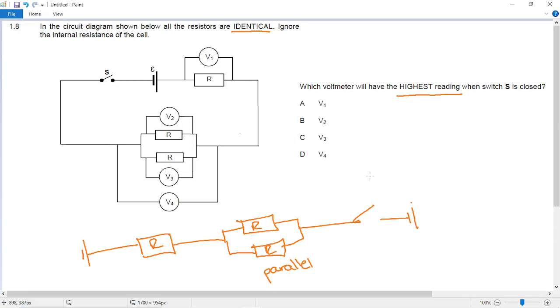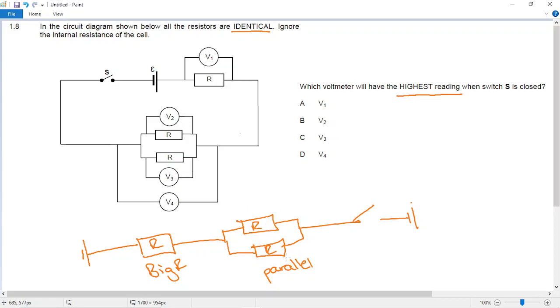So if we start thinking about the voltmeters, what is going to happen here? Which of these two has overall the biggest resistance? This resistor R will be the biggest resistance, and we're interested in the resistance because the current is the same everywhere in a series circuit, but the voltage can change, depending on the resistance. If we put these together in a parallel circuit, remember that a parallel resistance is equal to the sum of the inverse of the resistances.